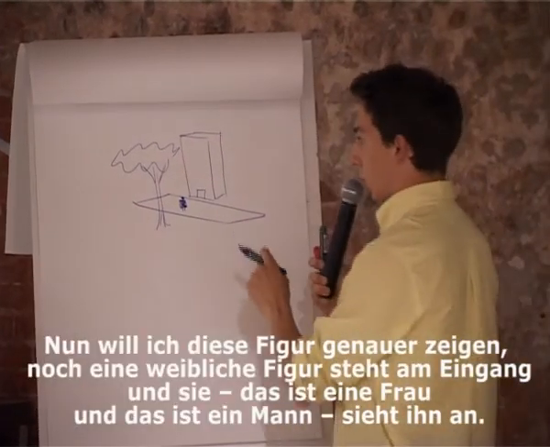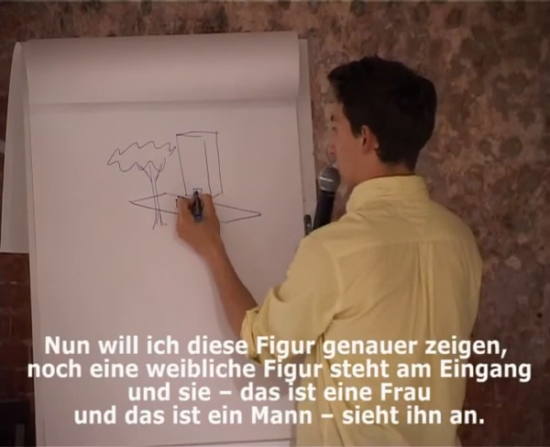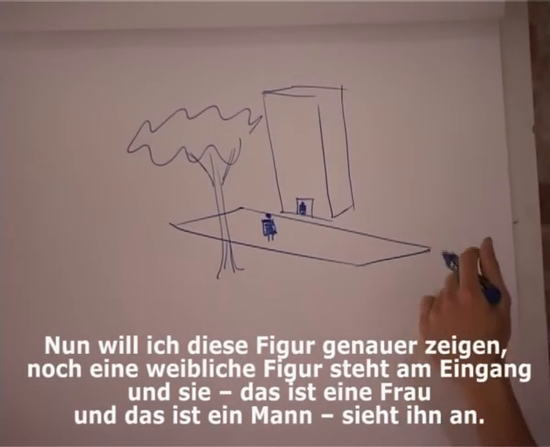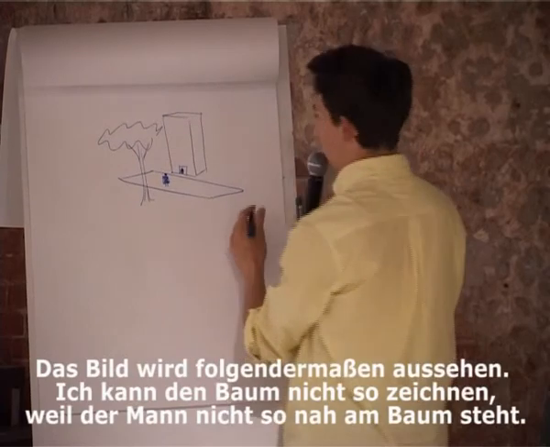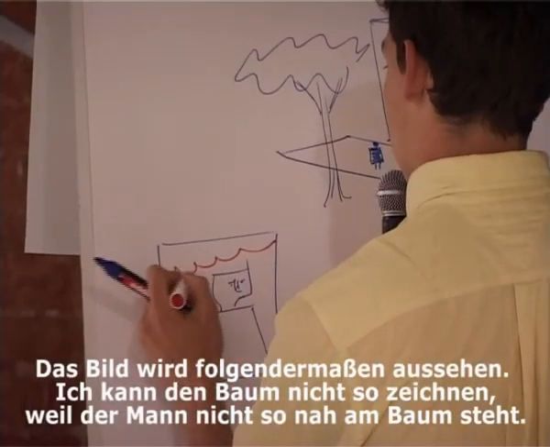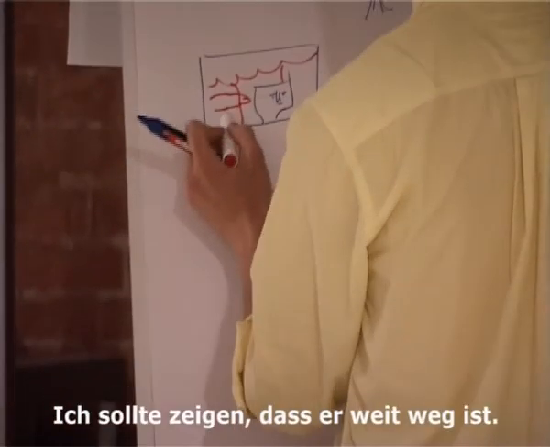So if I'm going to show this figure, I have a figure in the doorway, and this is a woman, this is a man, and if she's looking at him, and I cut to the next shot, I can't show the tree like this, because he's not that close to the tree, to show that it's far away.